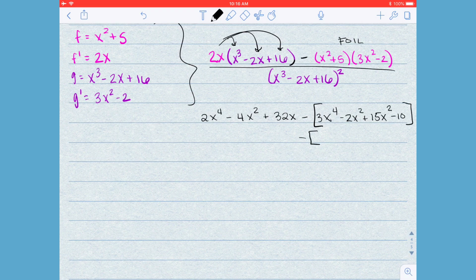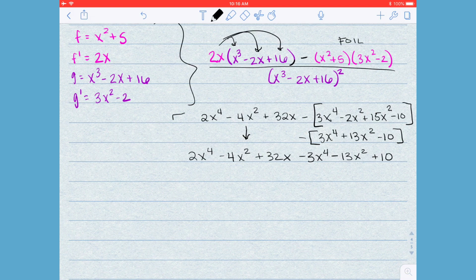And I'm going to want to simplify that to the 3x to the 4th plus 13x squared minus 10. And I need to distribute in that negative, so I have negative 3x to the 4th minus 13x squared plus 10. I'm going to bring down my other side, 2x to the 4th minus 4x squared plus 32x.